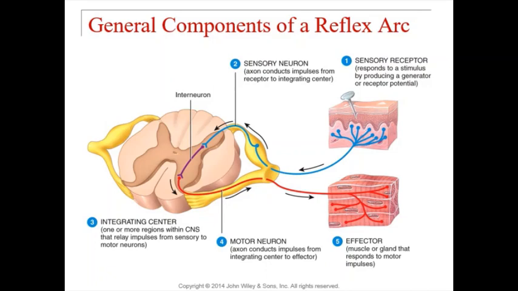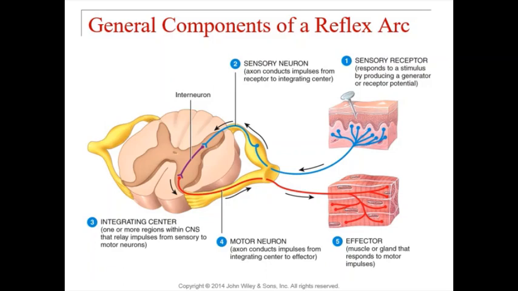Well, for one, you need to sense that hot stove. That's the job of the sensory receptor. So in your skin, you have receptors to sense temperature changes. If you were to touch a hot stove, sensory receptors will notice. But those receptors in your skin can't hop out of your body and turn off the stove for you.